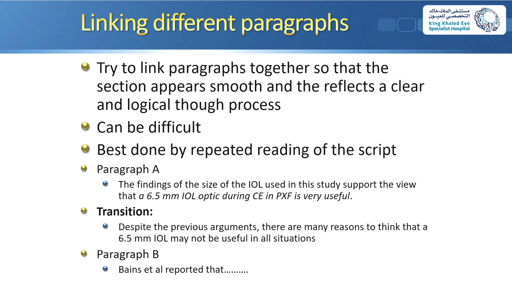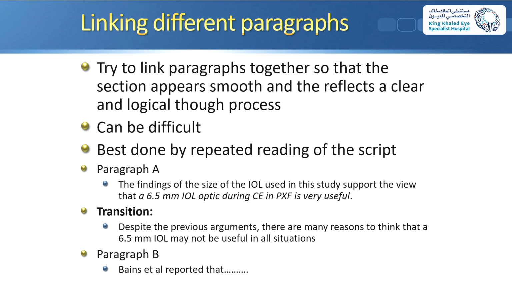So for example, you have paragraph A, where you talk about this IOL size, supports the view that a 6.5 millimeter IOL during cataract surgery and pseudoexfoliation is useful. And then you want to make an argument that despite the previous arguments, there are many reasons to think that 6.5 is not useful in this situation.